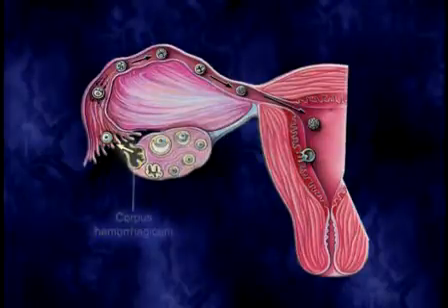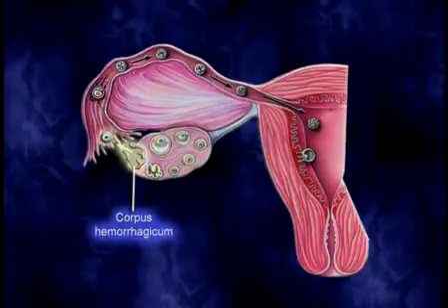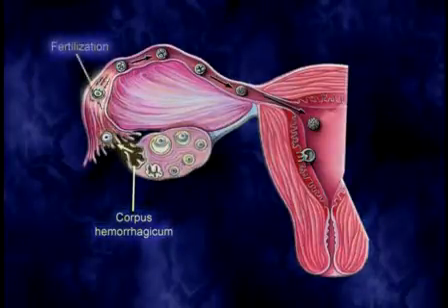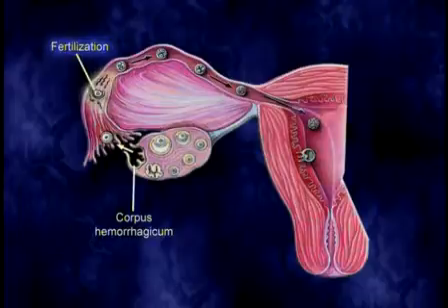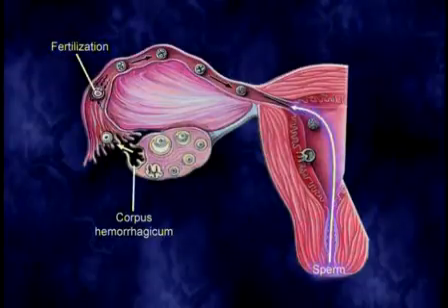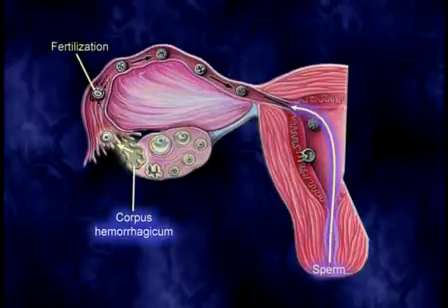Basically, here's the ovum being released into the fimbriated end, and fertilization usually occurs sometime in the first 24 hours after the little ova is ejected into this. So it's important that intercourse occur very shortly before or just after ovulation. We don't have a big window there.